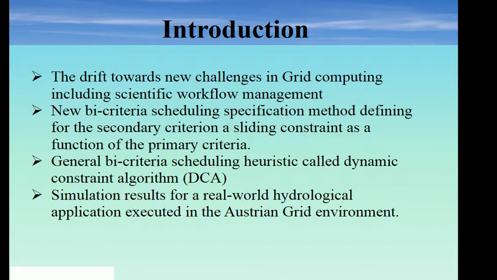This approach has an obvious limitation, since it does not allow optimizing more than one criterion at the same time. Moreover, establishing a fixed threshold is not a trivial task in grid scheduling, because possible threshold values are usually unknown until the scheduling process is finished.